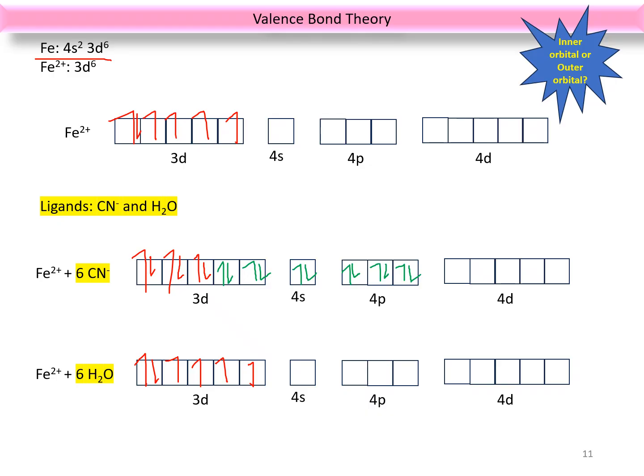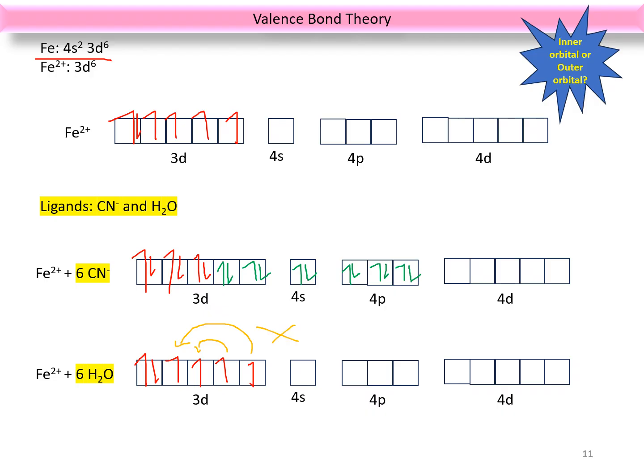When coordinated with 6 water, every water molecule will contribute 2 electrons. But since water is a weak field ligand, it won't be able to force these electrons to pair up.